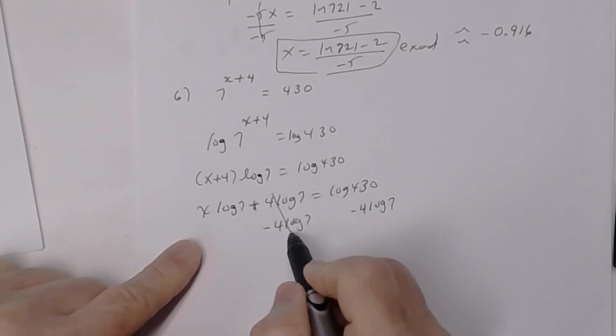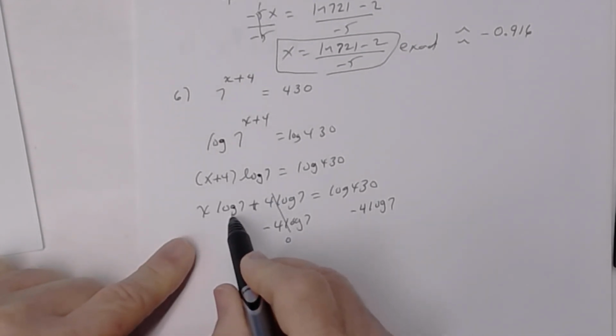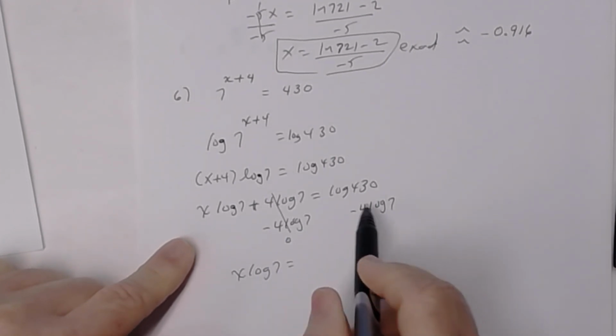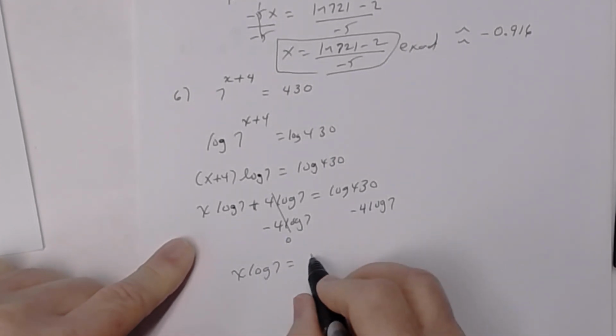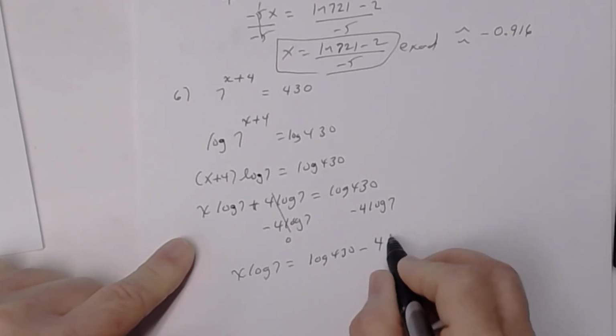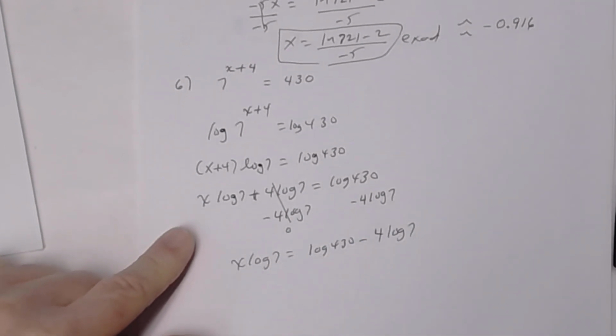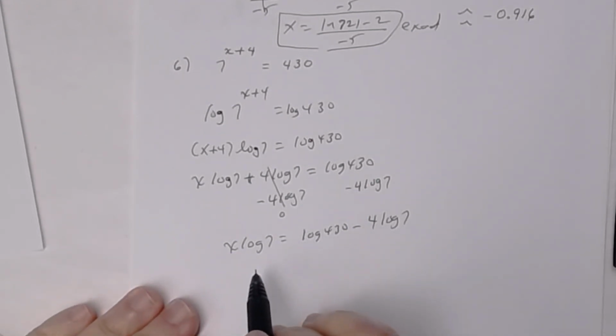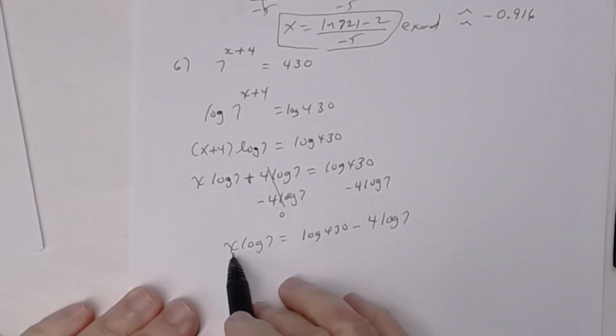And then this is 0 here, so I get x log 7 plus 0 is x times the log of 7 equal the log of 430 minus 4 times the log of 7. Okay? And then we're almost done. One more step and you're done. I've got to get x by itself, right?